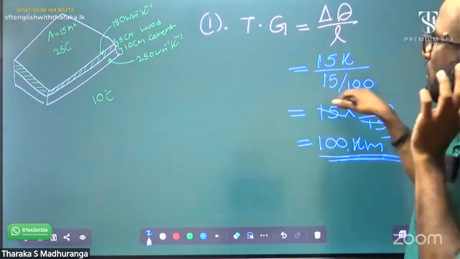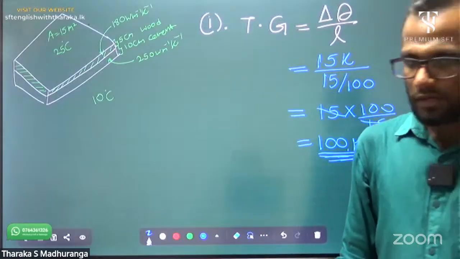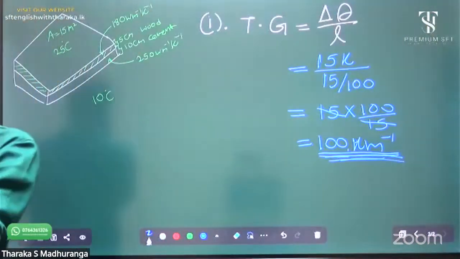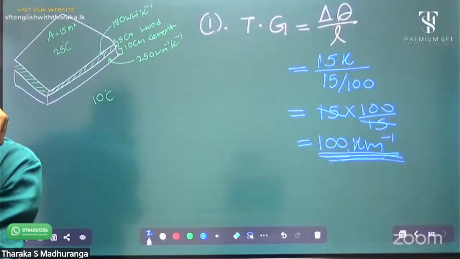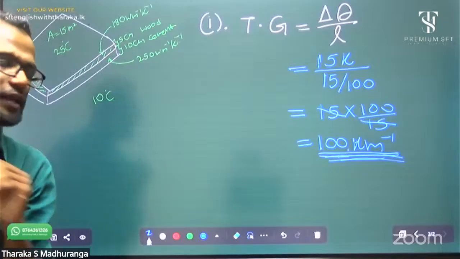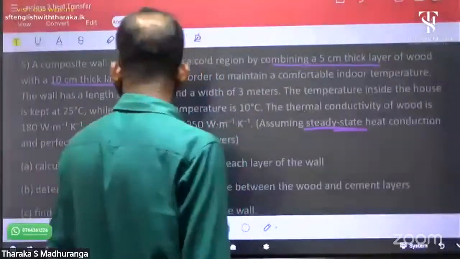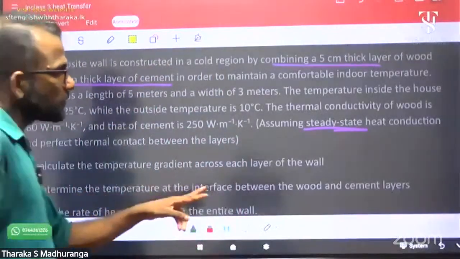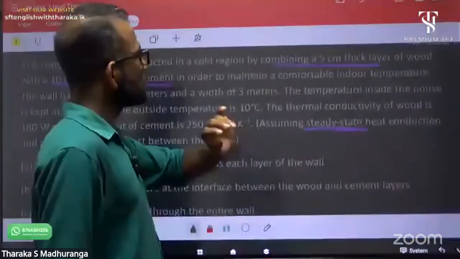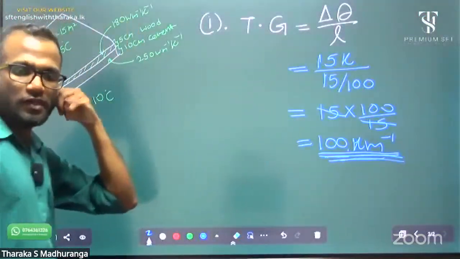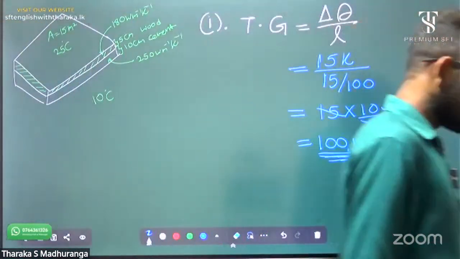Steady condition, then for both layers, this is the answer: 100 K per meter for both layers. The intersurface temperature is asked in the next part: determine the temperature at the interface between wood and cement layers. Yes, the intersurface temperature is asked in the second part.